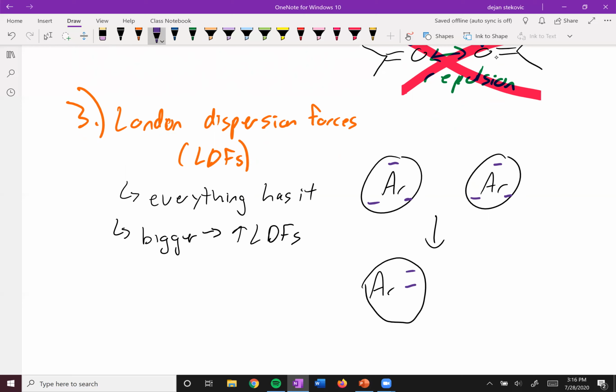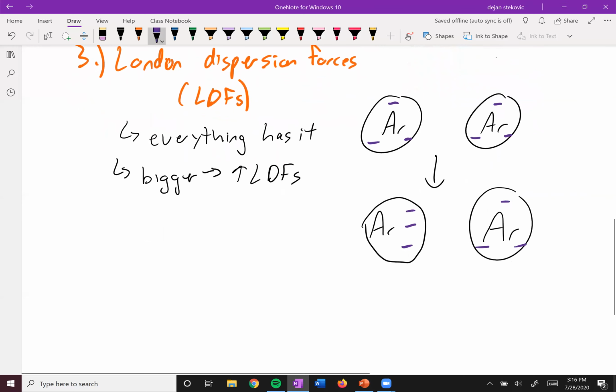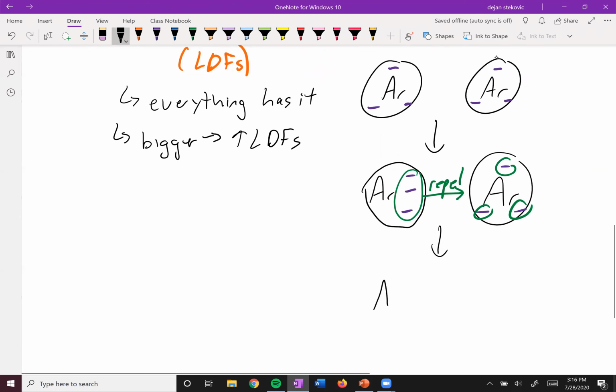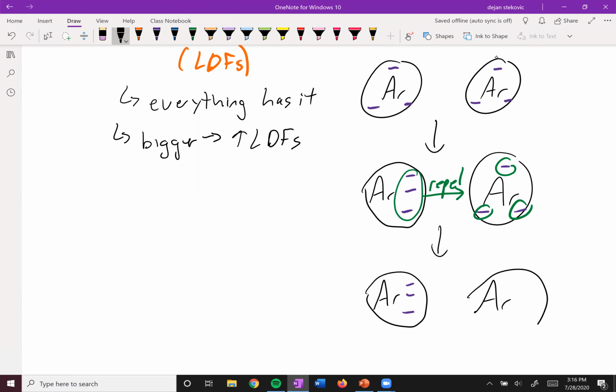And so, right, these electrons are always moving around. So it's conceivable to imagine that at some points in time, they are all on the same side. And so when that happens, these electrons are going to repel the other electrons, right? And so when that occurs, what ends up happening is this type of situation, right?